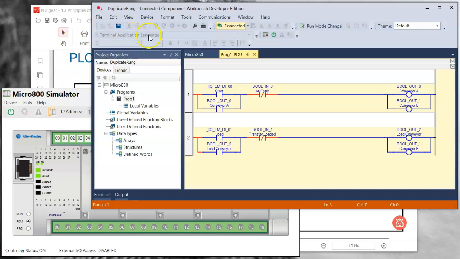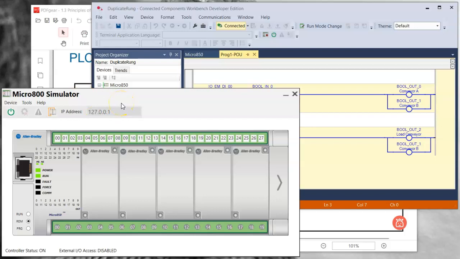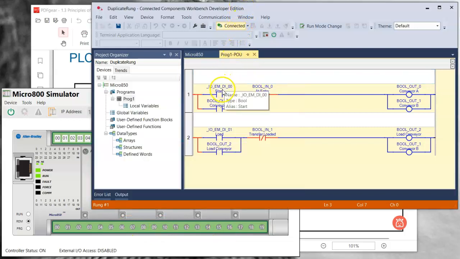Built into the CCW software is a Micro820 simulator, so we can test and do some things without having a real controller. In the simulator, these are the inputs on the top and these are the outputs on the bottom. I went ahead and used the exact same tags that you would have had in your lab last night: embedded input 0 for the start switch, embedded input 1 for the load switch, and then the bool in 0 and bool out 0, 1 to match what the Factory IO scene would have used.